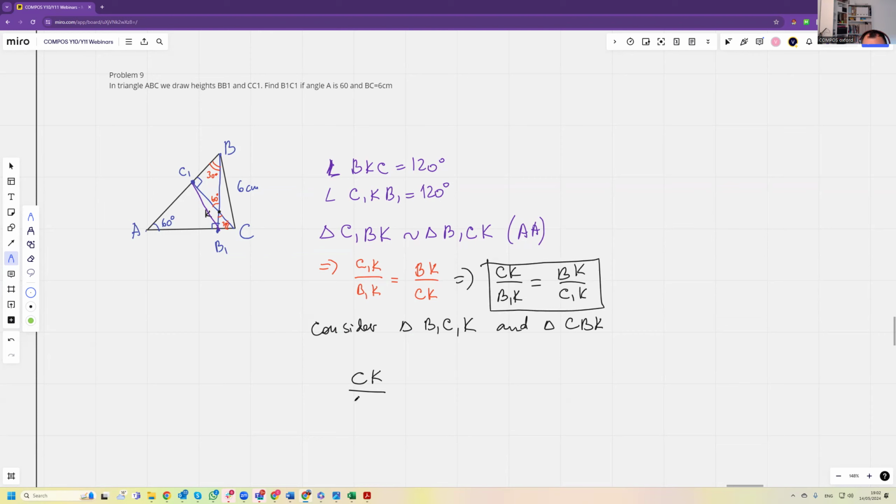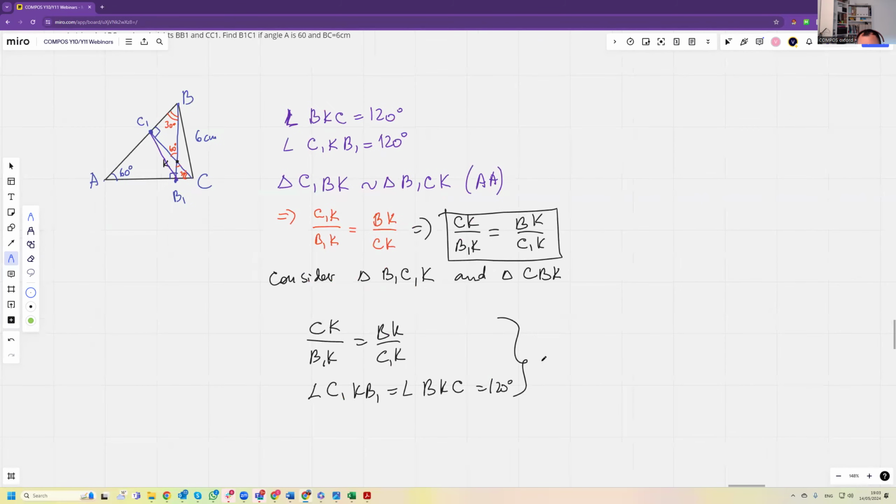So CK to B1K is equal to BK to C1K. That means the two sides are in proportion. And the angle C1KB1 is equal to angle BKC, which is 120 degrees.